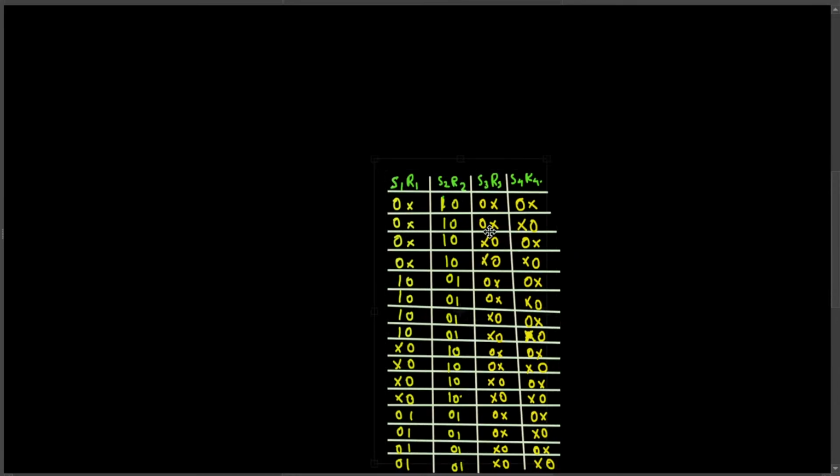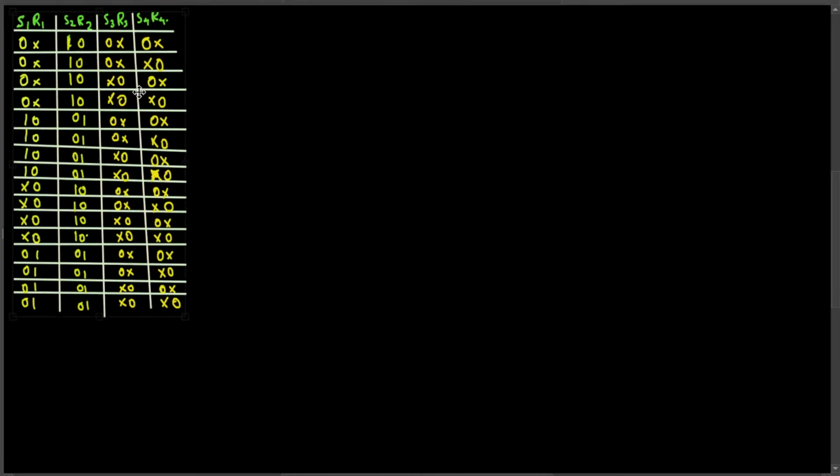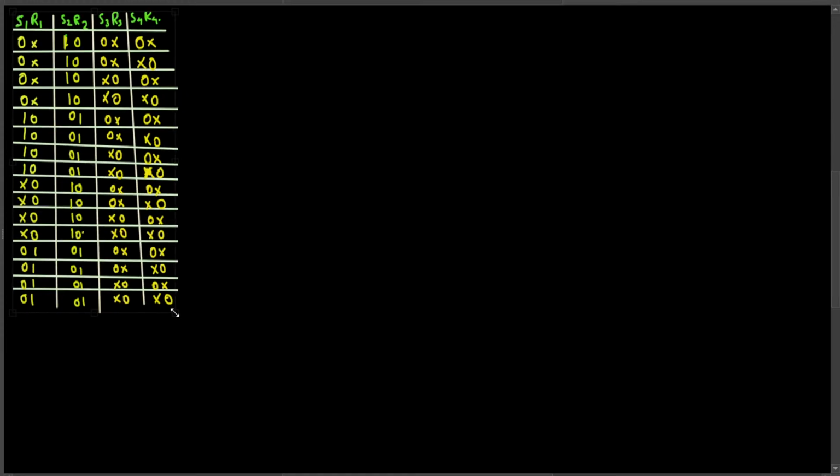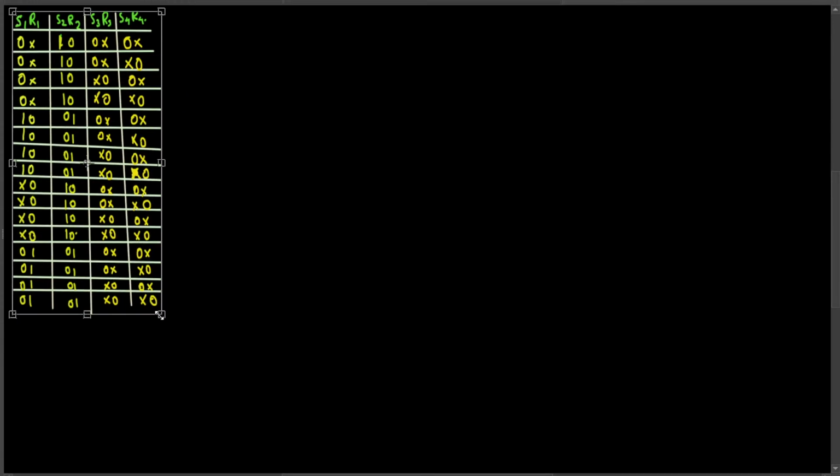I'm going to put it on top, and let's create our K-maps. So we are going to have 16-location K-maps, or you can say 4-input K-maps. How many of them? 8 of them.